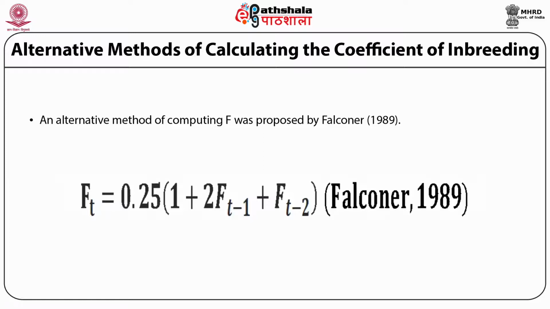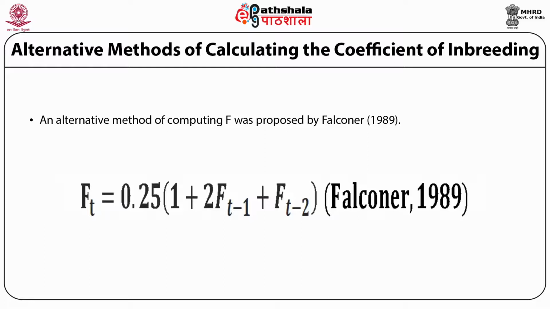where ft is the coefficient of present generation, ft minus 1 is the coefficient of the previous generation, and ft minus 2 is the coefficient of the generation before that.